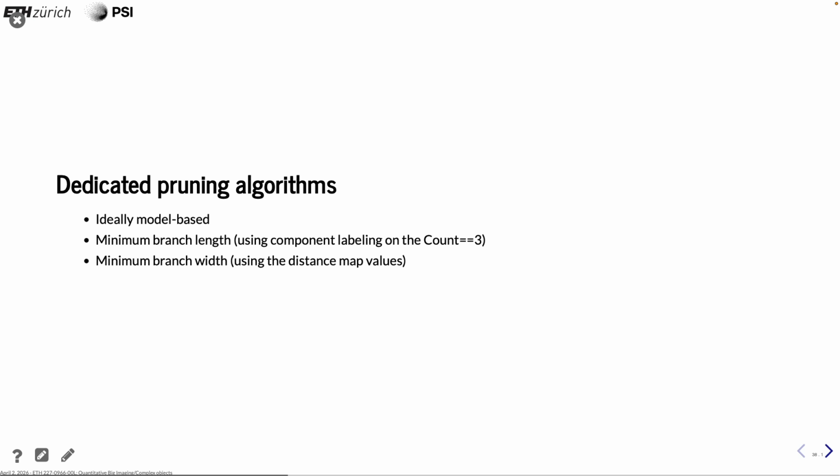So we had already a rather nice skeleton, but you can even do further pruning to make it even cleaner, because you had some small branches which are not really good. So what we could do is maybe looking into branch length or branch width and use that to tell how to prune the skeleton.